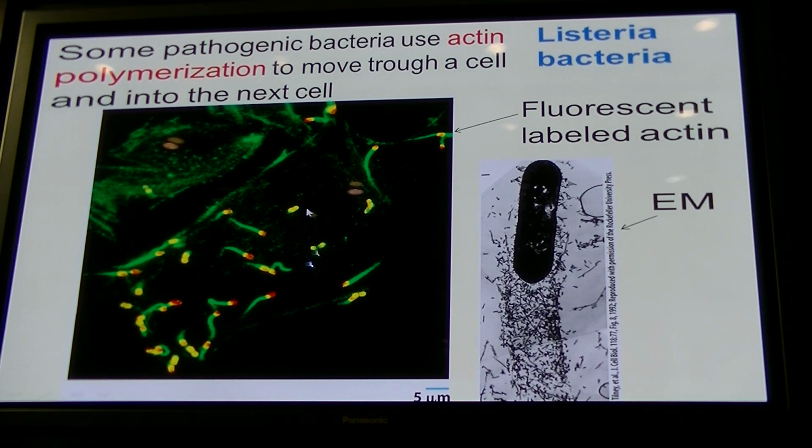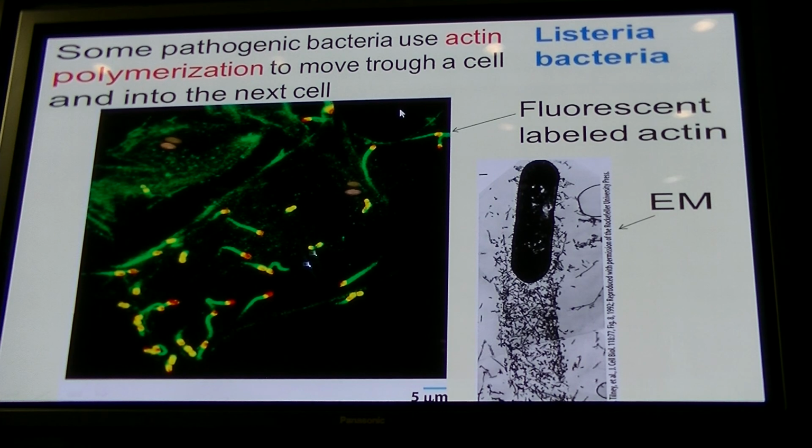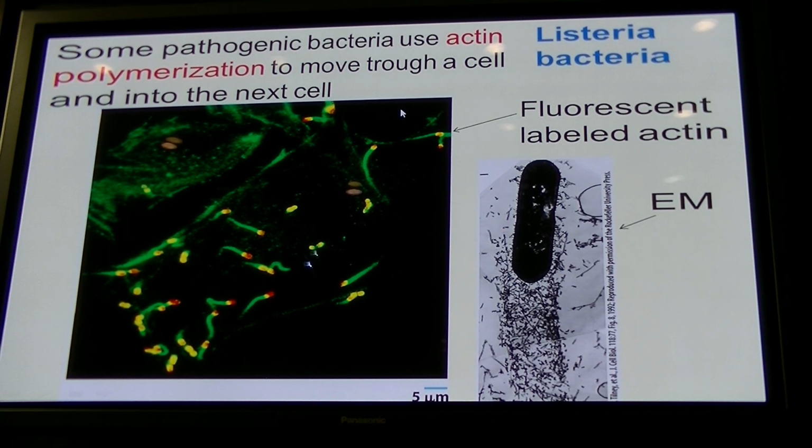And here we can see the bacteria in yellow and the actin in green. And you can see the Listeria moving through the cell, and it can even get itself pushed through the cell membrane into the neighboring cell. So there are some pathogenic bacteria that misuse the actin cytoskeleton. They misdirect the assembly. I'm going to keep it at that.